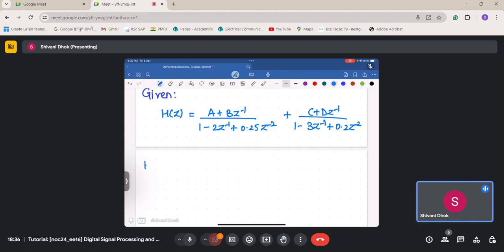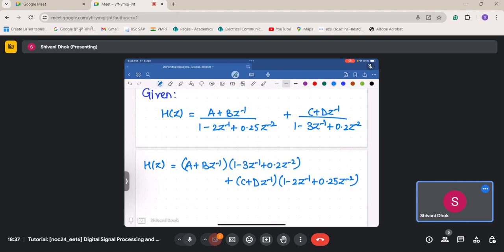So I'll have H of z equal to a plus bz inverse multiplied by 1 minus 3z inverse plus 0.2 z to the power minus 2, plus c plus dz inverse multiplied by 1 minus 2z inverse plus 0.25 z to the power minus 2, divided by 1 minus 2z inverse plus 0.25 z to the power minus 2 multiplied by 1 minus 3z inverse plus 0.2 into z to the power minus 2. Now let me number this as equation 2.